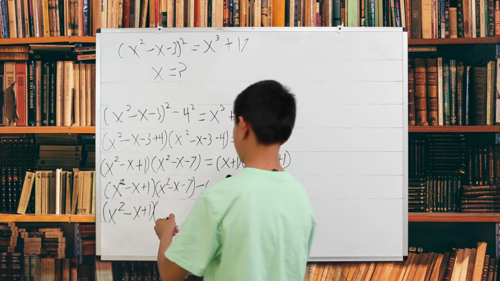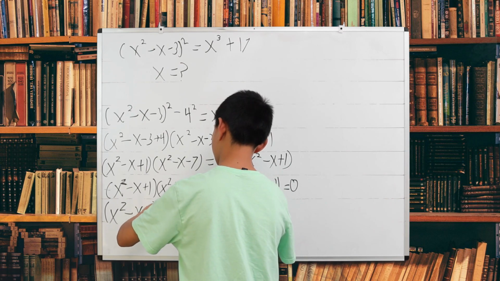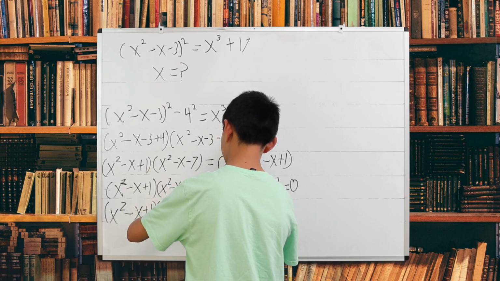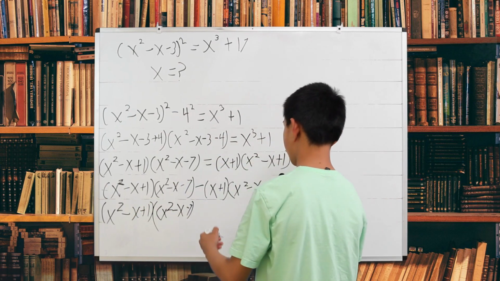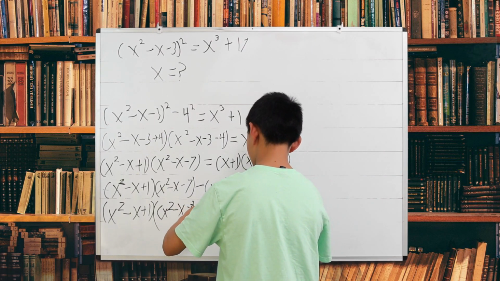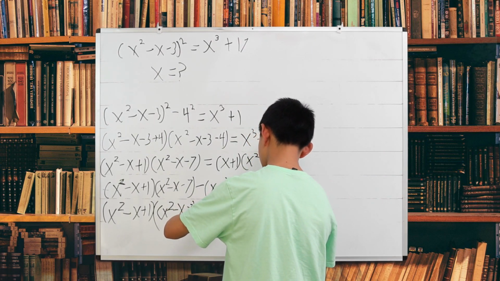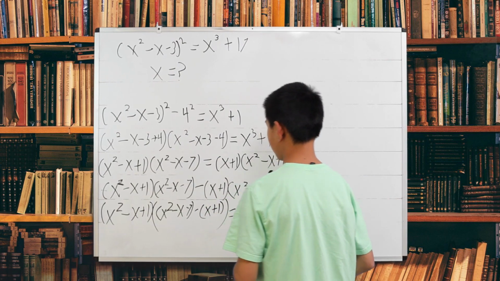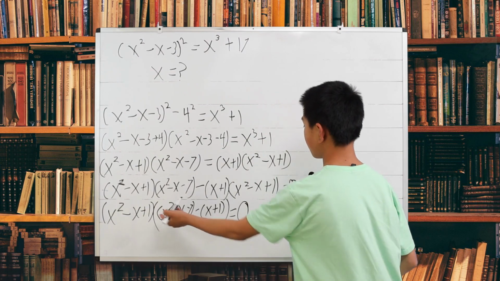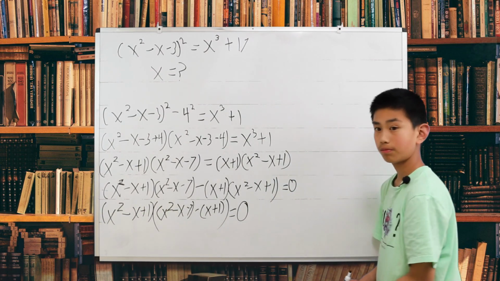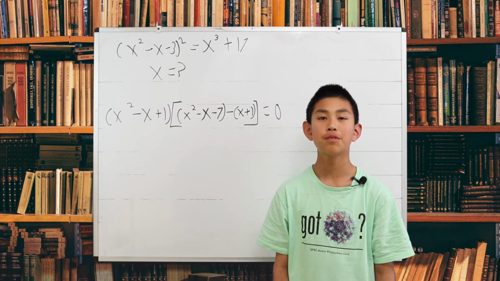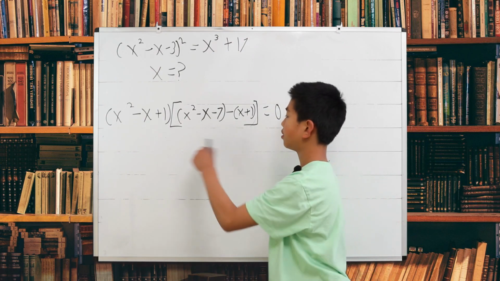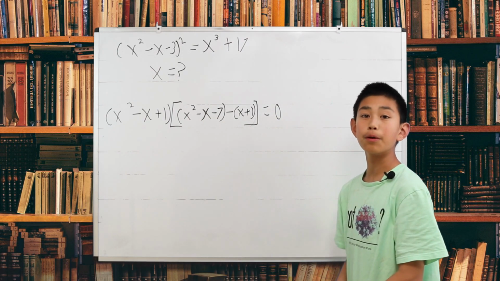Now we multiply this in. This is x² − x − 7. That's the left-hand side. And then this is just minus x plus 1, which is still equal to 0. So that is our new equation right there. Now that we have found our new equation, it's pretty easy from here.